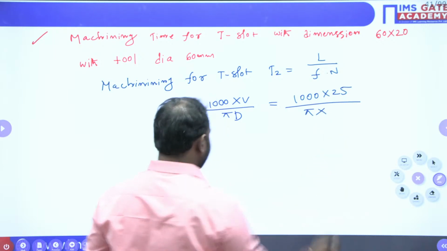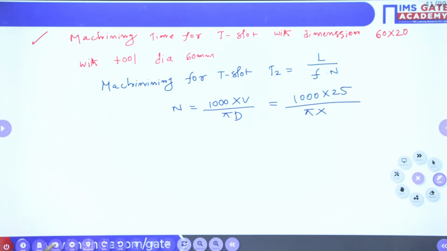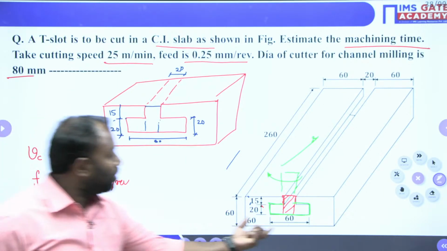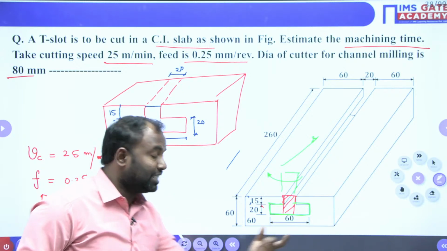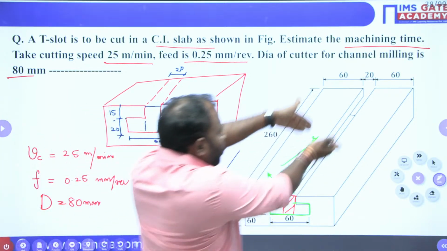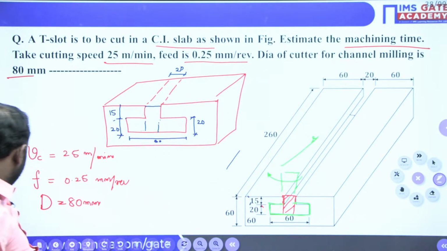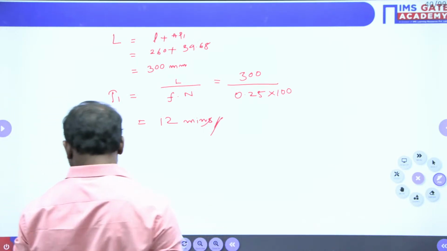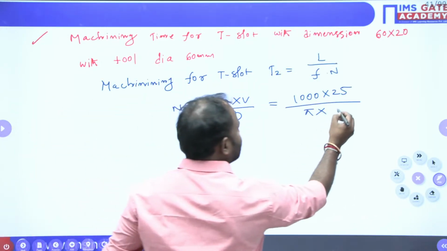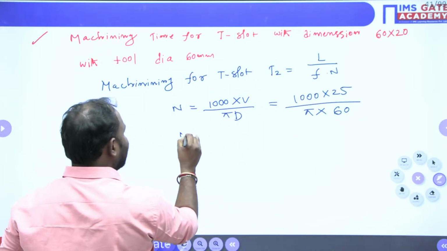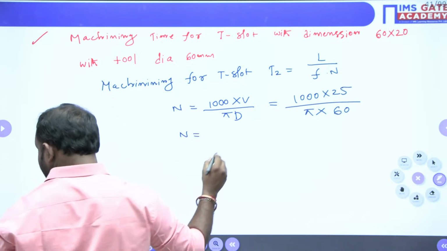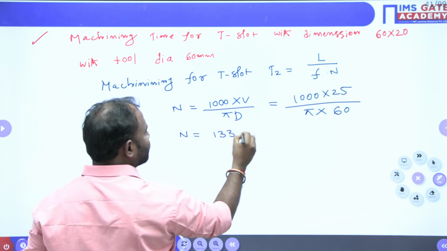How much D do we have to take? The D we have to take is the cutter diameter, 60 mm. It has to move along the slot like that. So from there, I get my RPM equal to 133 RPM.